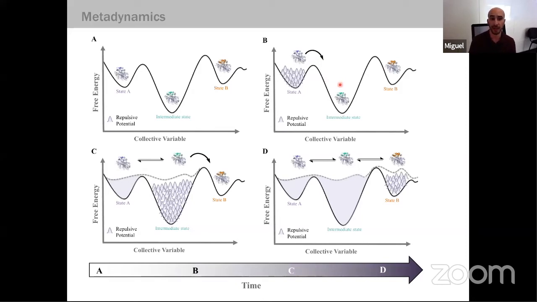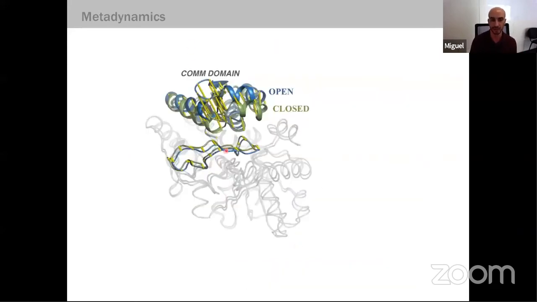After a long time, when the whole space has been covered, you recover the free energy by summing the Gaussian repulsive potentials added during the whole simulation as a function of the collective variable, which in this case is this open to closed transition.